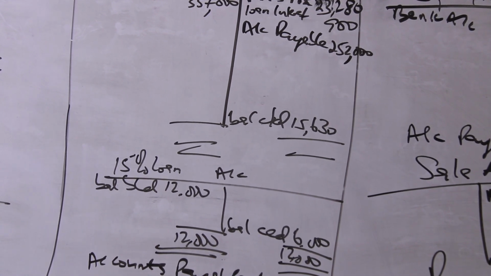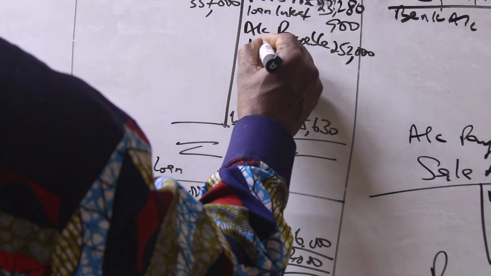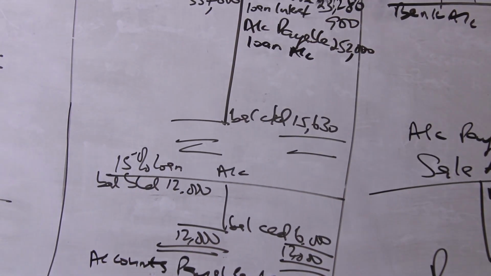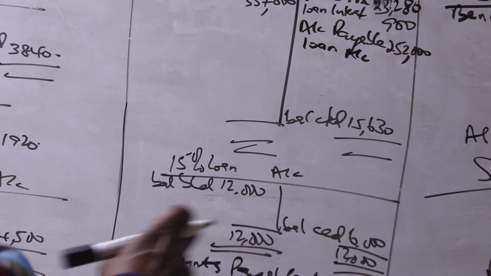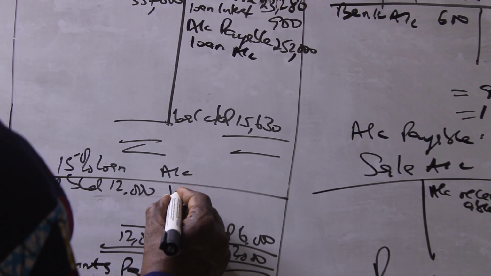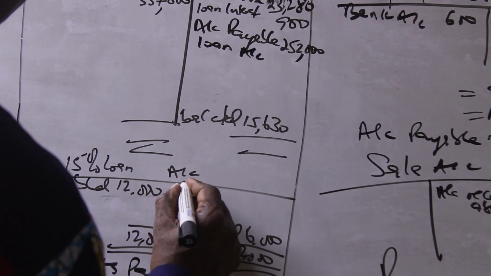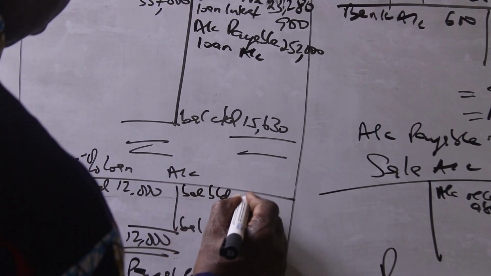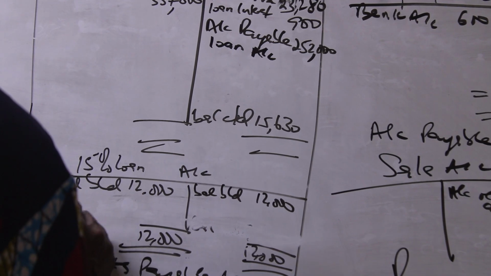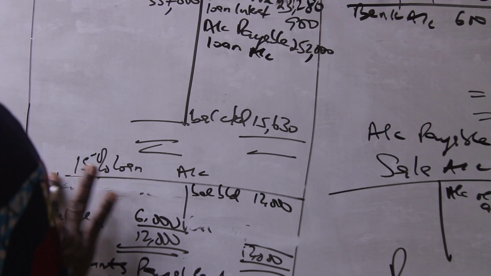We paid the loan here from the 12,000 loan account. Where is our loan account? Sorry, this one we recorded badly. The balance brought down for the loan should be 12,000 on the credit side, and the balance carried down is 6,000 on the debit side.